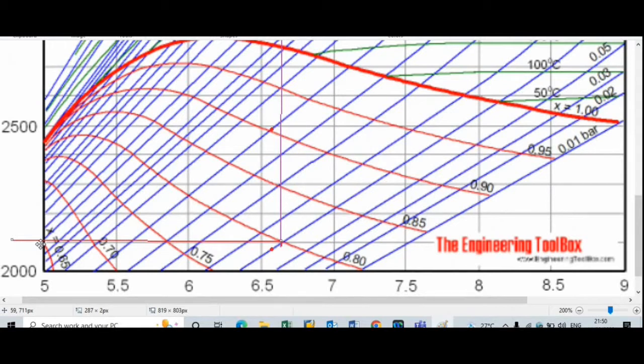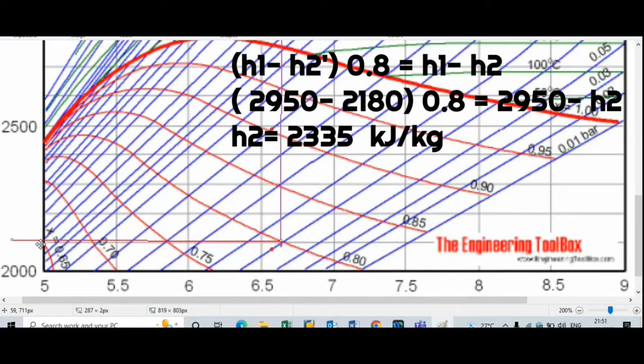2181 kilojoule per kilogram. Now how to find out the exact value at this point 2, because here the isentropic efficiency is given 0.8. So we will use here the formula, that is H1 minus H2 dash multiplied by 0.8, which is equal to H1 minus H2.